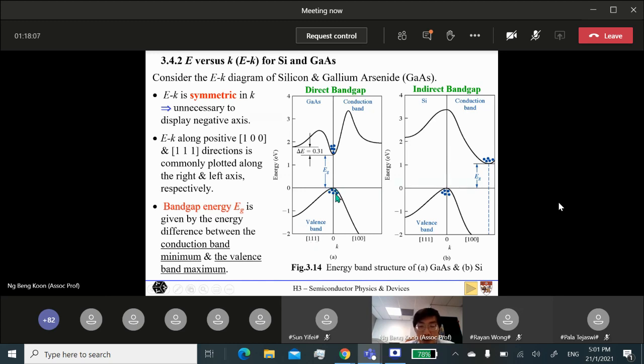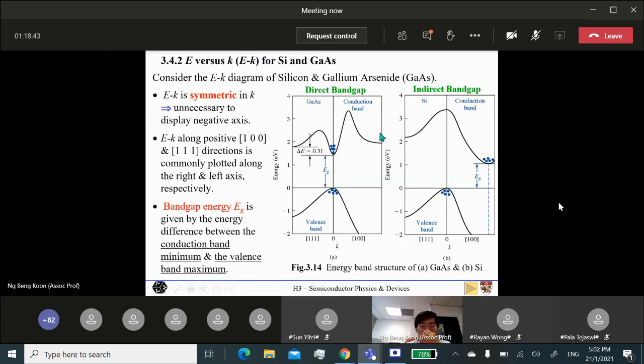On the left side, they piece together the [111] direction. This is okay because the E-k relation we have just seen is symmetrical about the vertical axis, which means that if I know one half of it, I can automatically derive the other half. In the context of k, which is like a vector, whether you go in the positive direction of the wave vector or the opposite direction, the E-k relation is the same. It's symmetrical, so as long as you know one direction, you can infer the other.